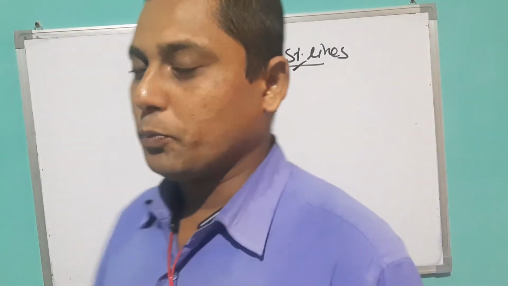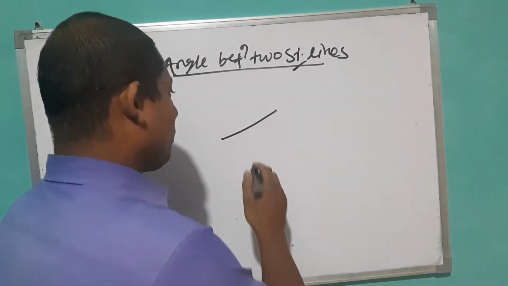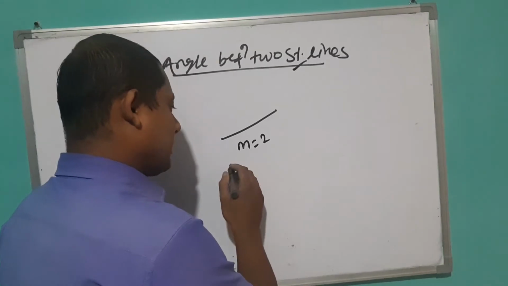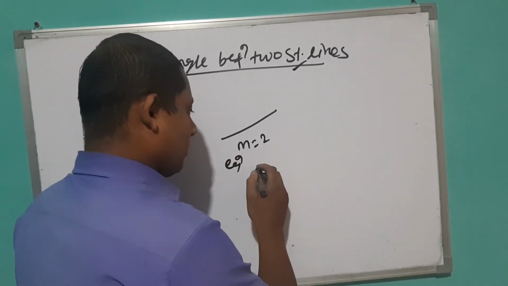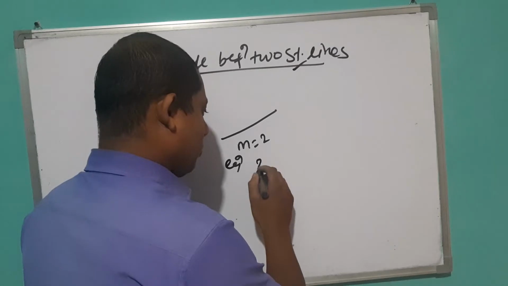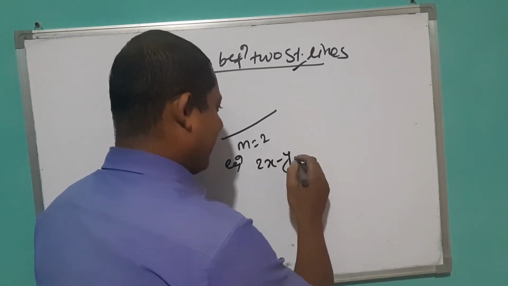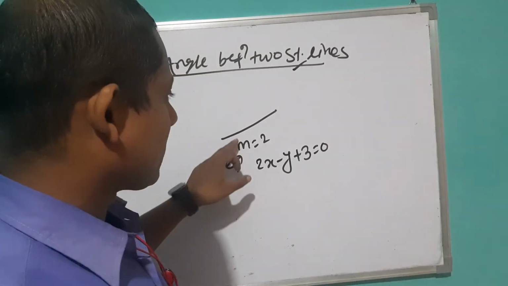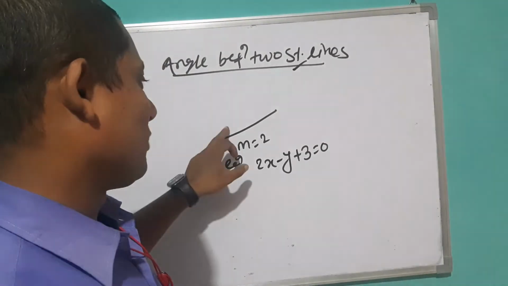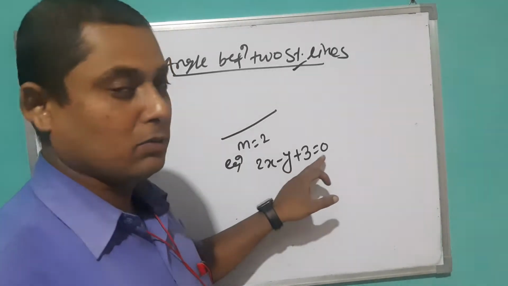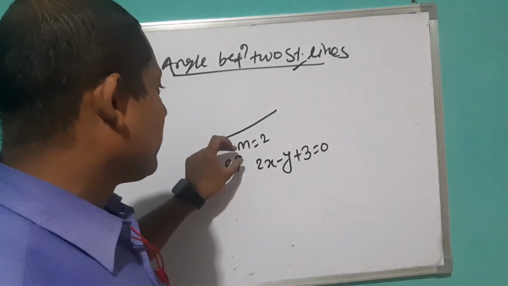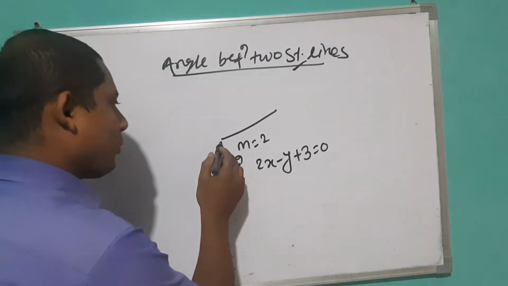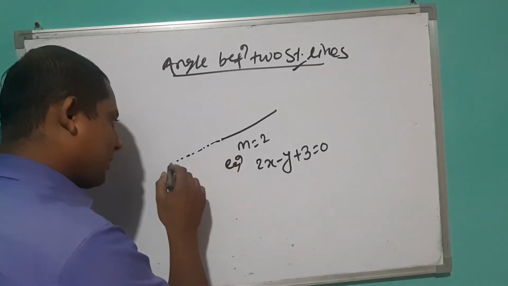The properties are that if the slope m of this straight line is 2 and its equation is 2x minus y plus 3 is equal to 0, then the equation and slope of this line remain the same if you produce it in either direction.